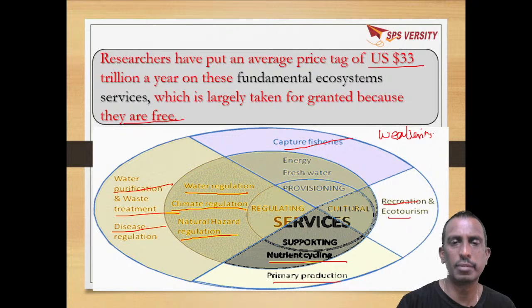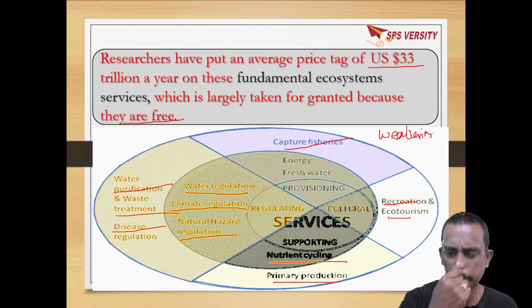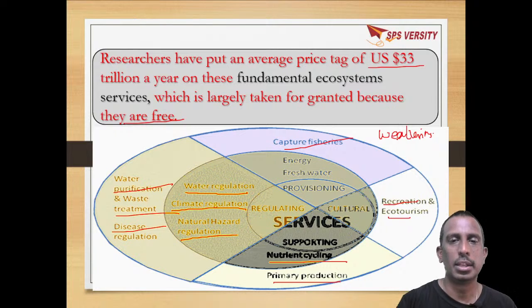But what are we doing? We are harming the ecosystem. Maintenance of biodiversity and these other services are all provided by the ecosystem for the benefit of humankind. And when you put a price tag on these services, it costs about $33 trillion, which is a lot, yet the ecosystem gives us these services free.